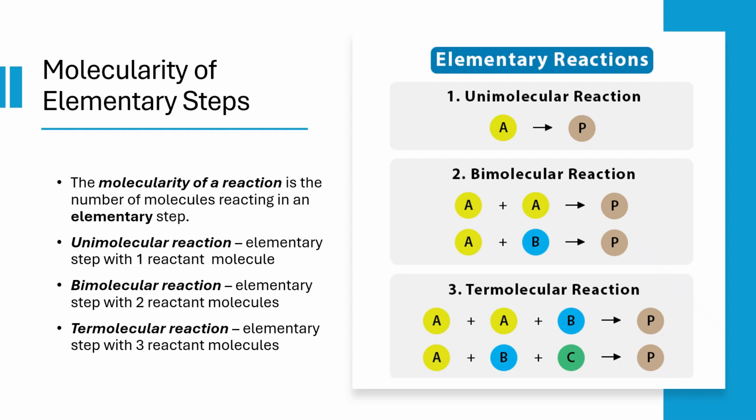One is two A molecules come together to form our product, and an alternative is A plus B come together to form our product. Finally, for termolecular, in other words, three reactants, more possibilities arise. There's a couple listed here, but others could be possible as well.